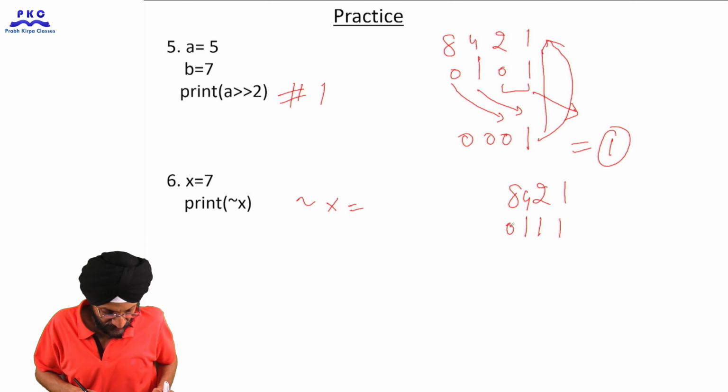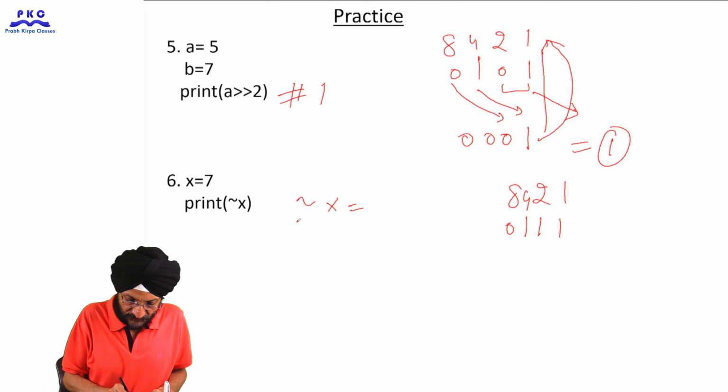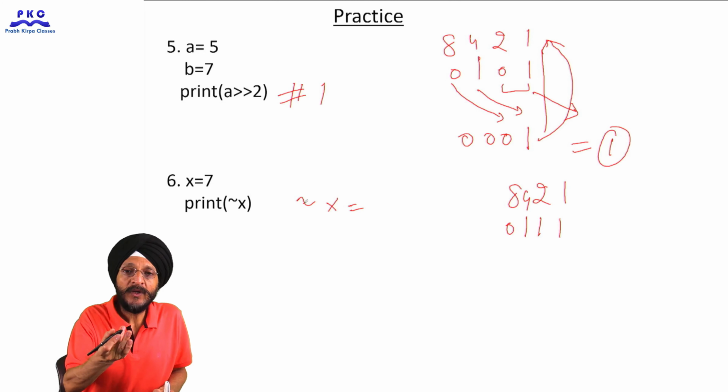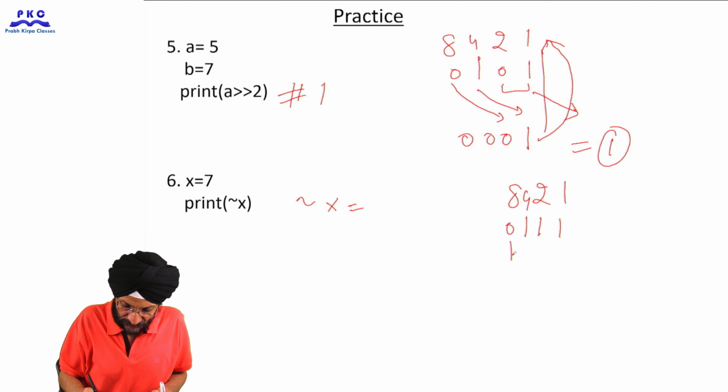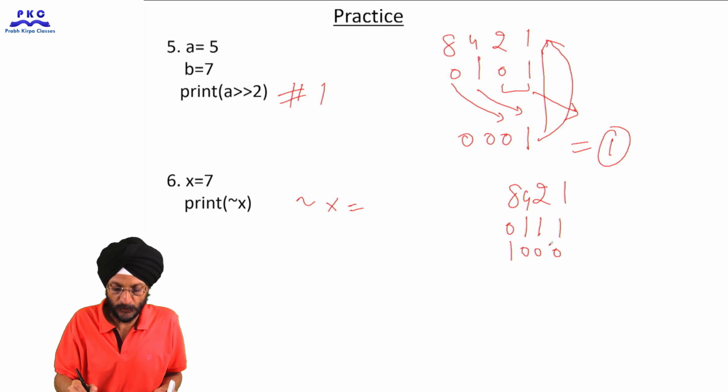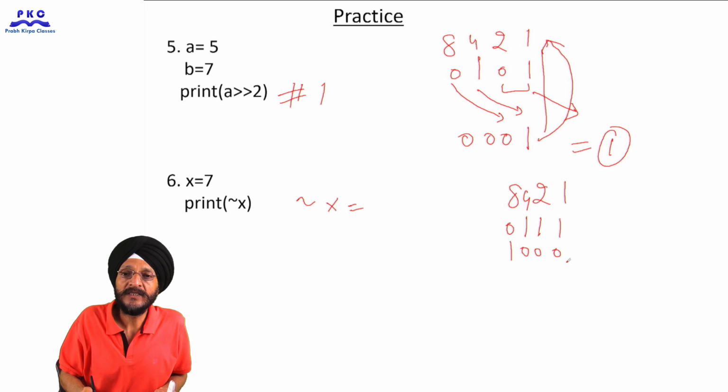So now what will we have to do? We will have to invert it. It will become 1, 0, 0, 0. 0 will become 1, 1 will become 0. This will be the result.